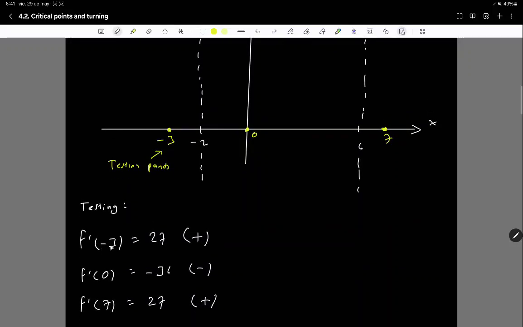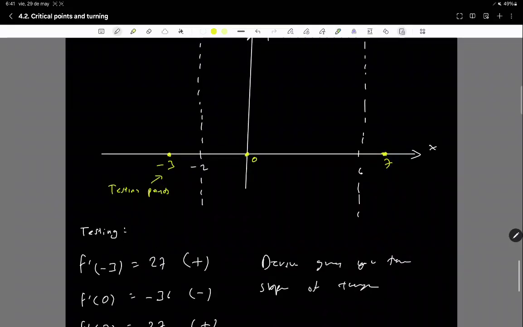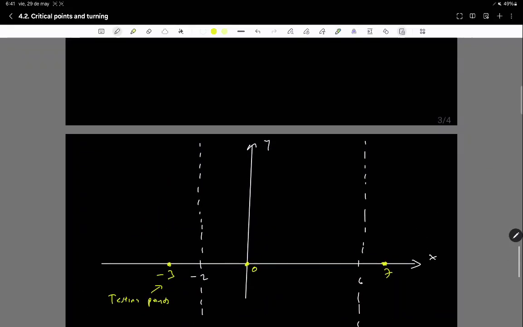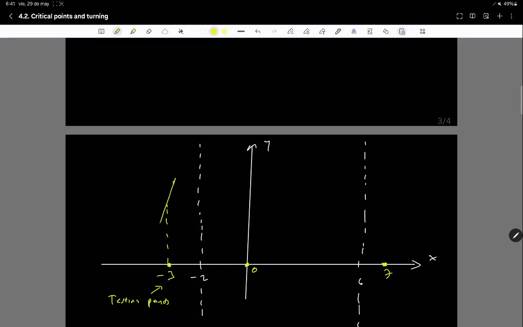At F prime of -3, the derivative is positive. And remember, the derivative, guys, gives you the slope of the tangent. So basically, I'm saying that at this point, at -3, right there, if I could draw the slope at -3, the slope is gonna be doing something like this.